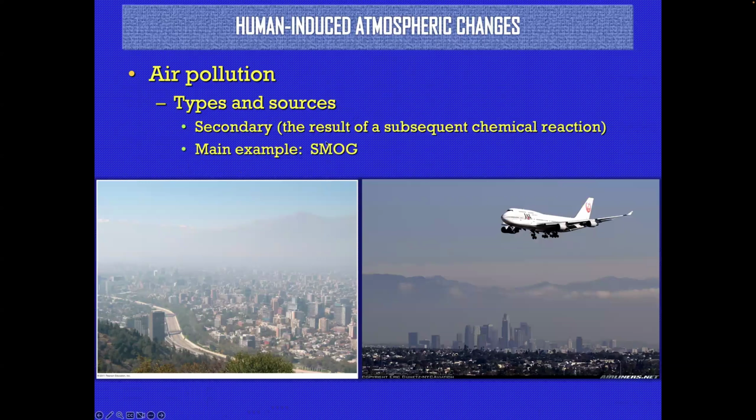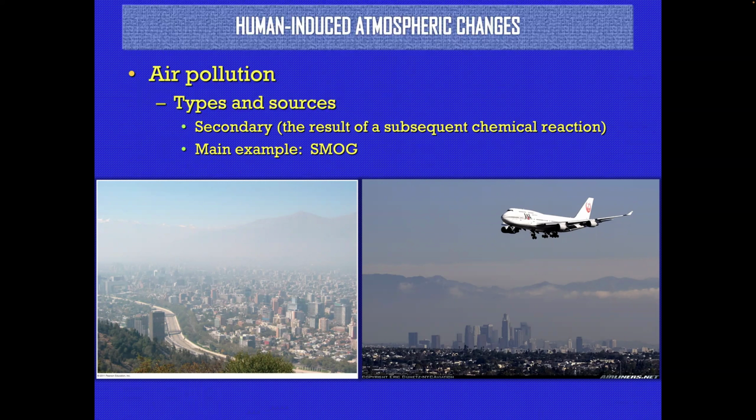So smog, which is smoke and fog combined. So now you're mixing whatever chemicals are out there with smoke. And that smoke could come from factories, from jetliners, from cars, whatever the case might be. And that is a secondary type of pollution because it is a result of a chemical reaction.